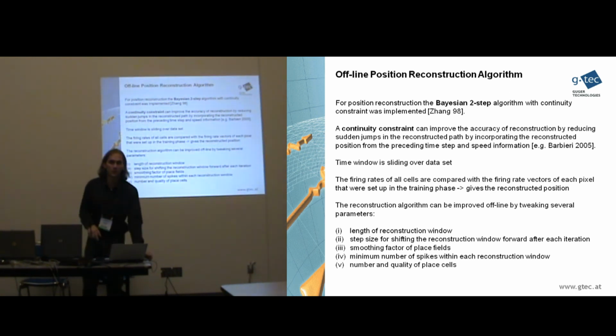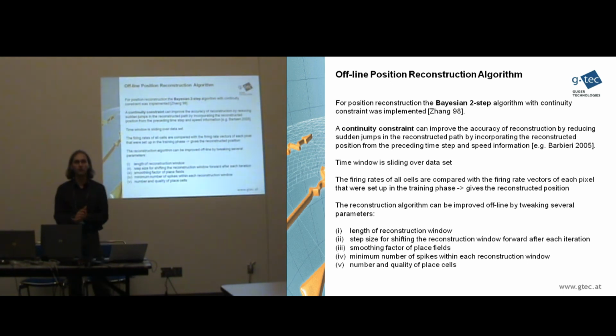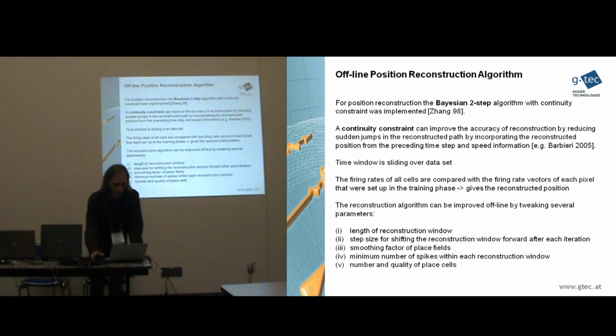This helps to increase the performance of the algorithm. Then we have a time window sliding over the whole data set, and within each time window we calculate the firing rate of each neuron and compare it to the training data. And this gives us the position where the rat is located at this certain time point.